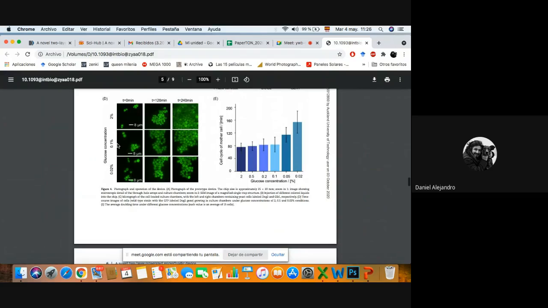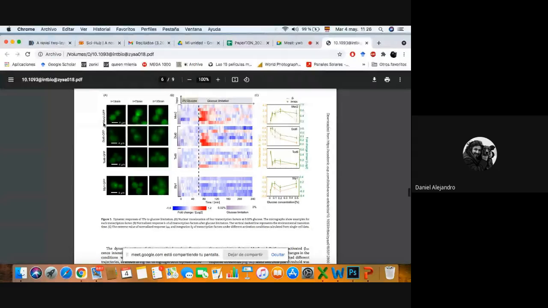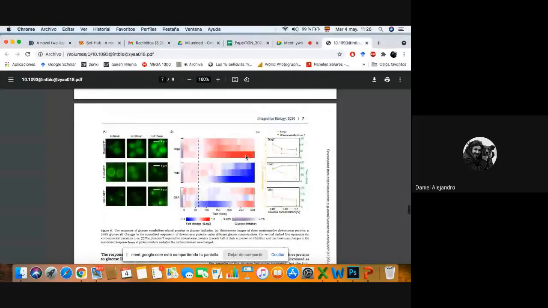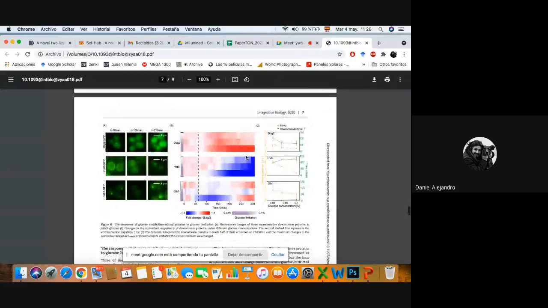Well, here we can see what was the process to obtain the readings of the GFP attached to every gene, and they were compared with previous works.